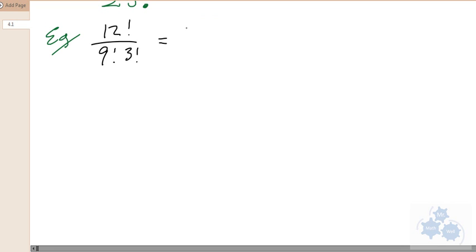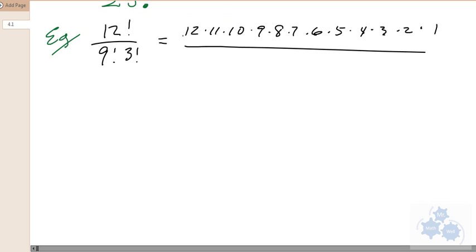If we were to write this all out, that's 12 times 11 times 10 times 9 times 8 times 7 times 6 times 5 times 4 times 3 times 2 times 1. The bottom here, we've got 9 times 8 times 7 times 6 times 5 times 4 times 3 times 2 times 1. And then we've got 3 times 2 times 1.